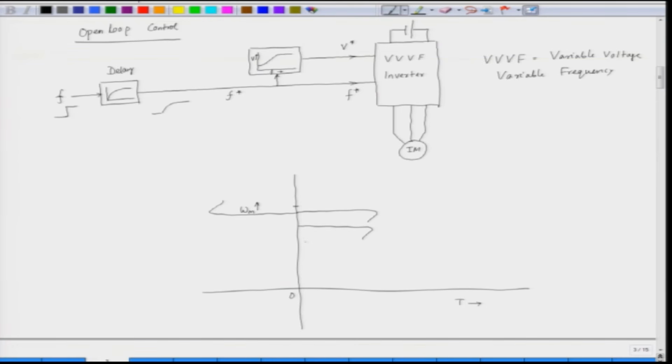So, as you go on changing the frequency, we get all these parallel characteristics. The peak torque or the maximum torque remains the same. So, as you go on reducing the frequency by maintaining V by f constant, we get a family of curves which look like this. So, in the generating region also we get something like this, with peak torque almost remaining constant.